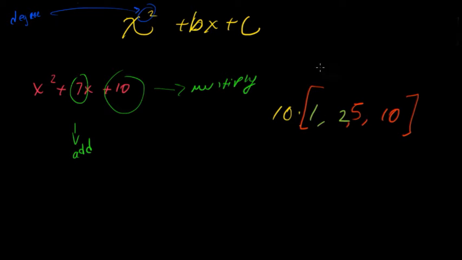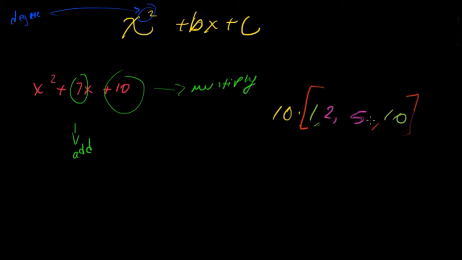I actually wrote these in the wrong color here. That 1 should go with the same color as my 10, and this 2 here should go with my 5. There we go. Now, we want a pair of factors of 10 that will not just multiply to 10, but also add to 7.